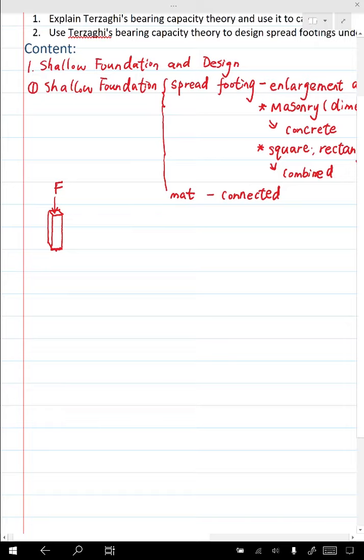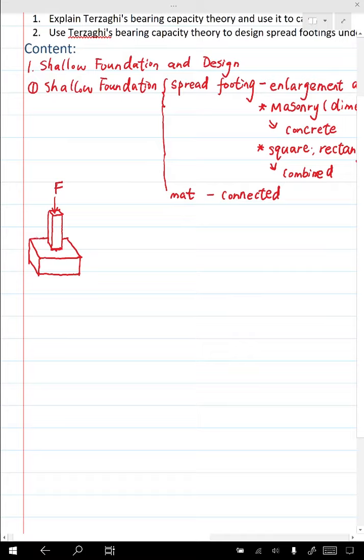So in order to enable the soil to sustain such a high load, we want to enlarge the contact area by building a spread footing under this column. As a result, we will have something like this.